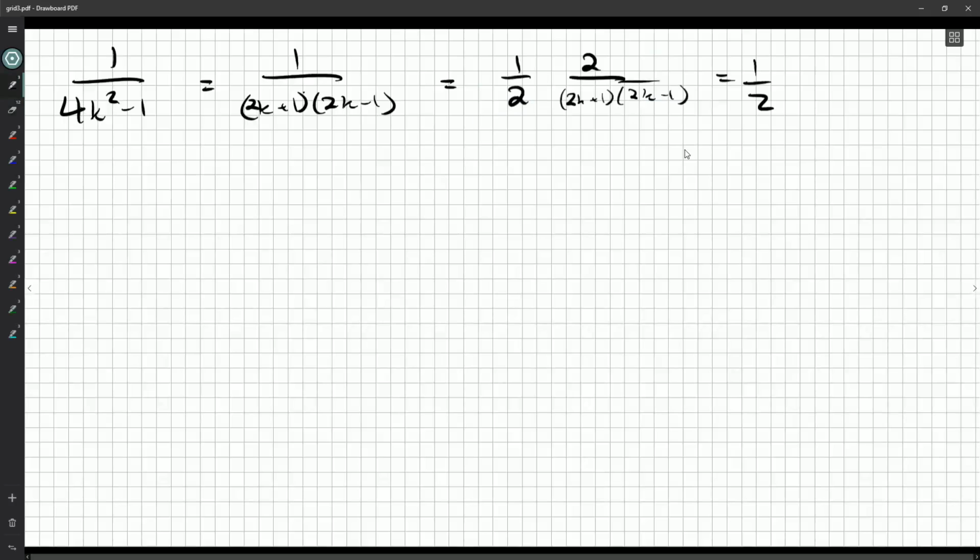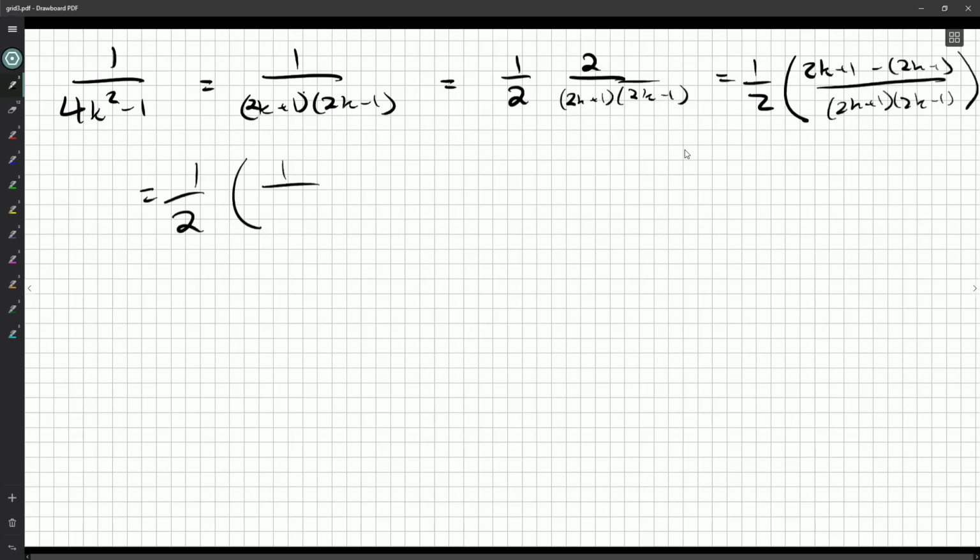So it's 1/2. How can I write 2? I can write (2k plus 1) minus (2k minus 1), all over (2k plus 1)(2k minus 1). And now I can break this up into 1/2 times (1 over 2k minus 1 minus 1 over 2k plus 1).